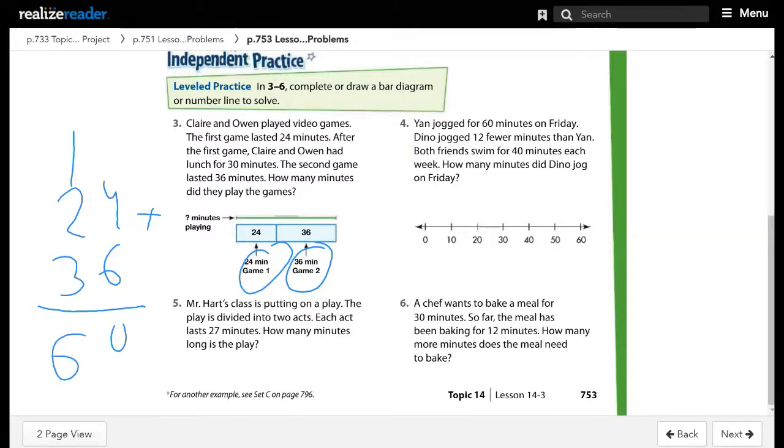So 60 minutes. So here on the bar diagram, the number on the top shows the whole number or the adding of these two parts. Let's move to the next page.